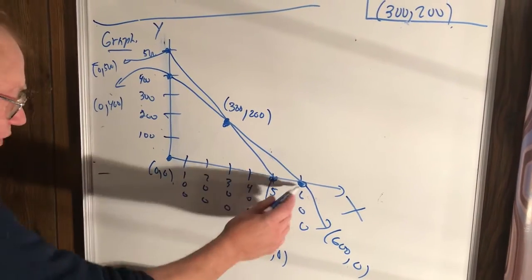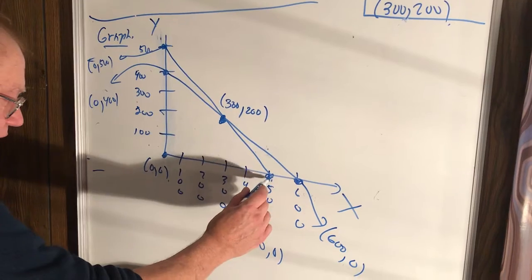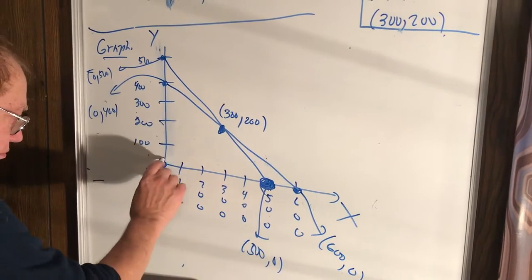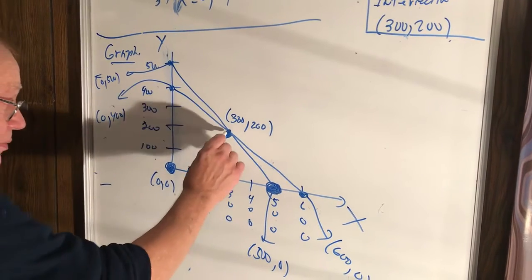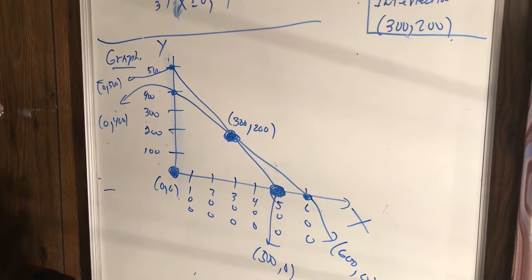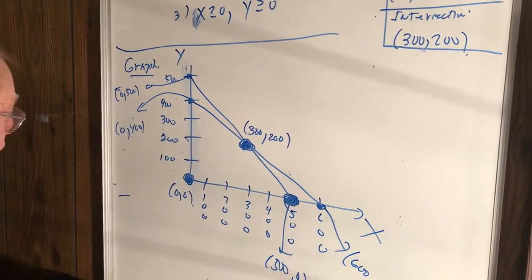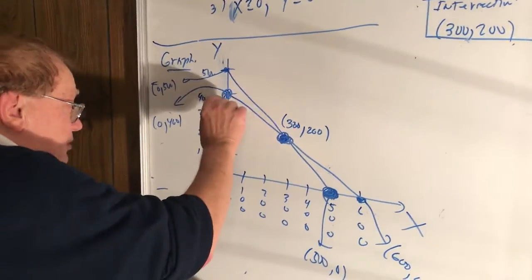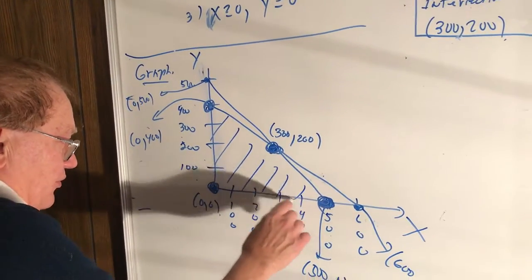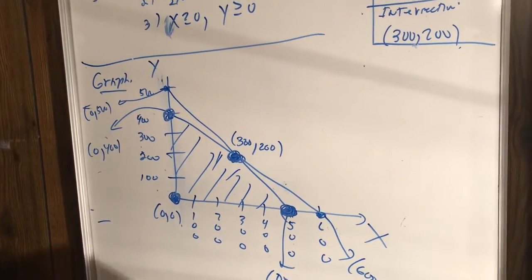Now if we look at these, the one closest to 0 is 500 and 0, so I put a big dot there. I'm going to count all intersection points on our thing. And the closest to 0 on the y-axis is 400 and 0, making this region here called our feasible region and our convex set.